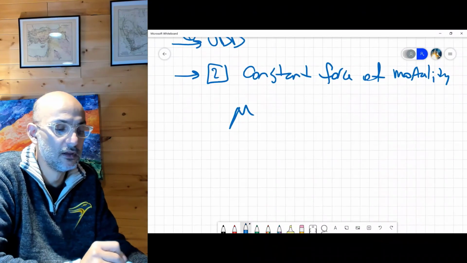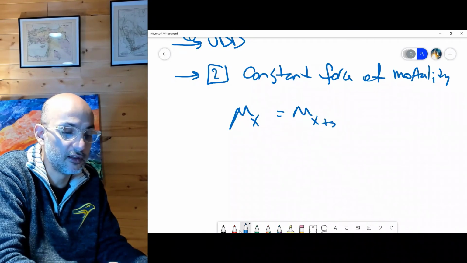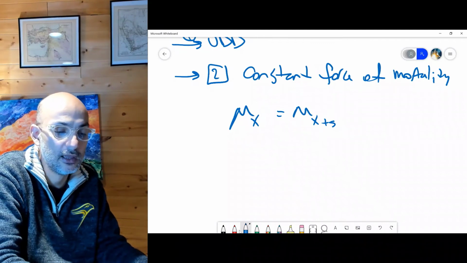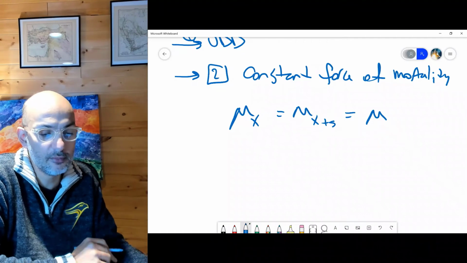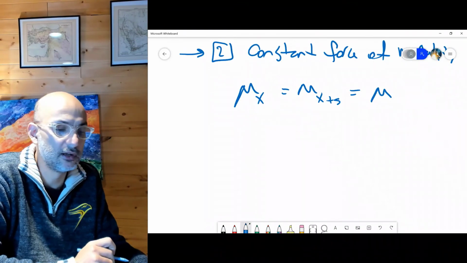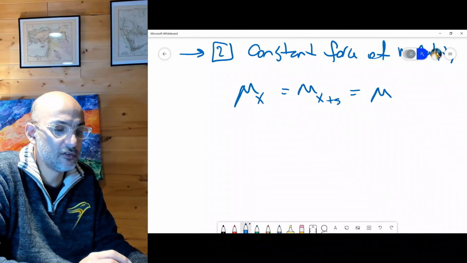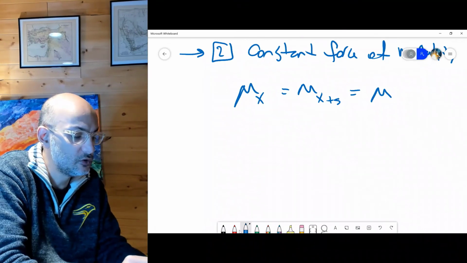It's mu. So mu_x is equal to mu_{x+s}. What is s here? s is the little fraction, the 2 months, 3 months, 0.2. It's equal to mu. It's constant. Once you find one of them, it's mu. It's constant here, so this is very easy. Why is it very easy? Because under this one, let's say you have p_x for 1 year.